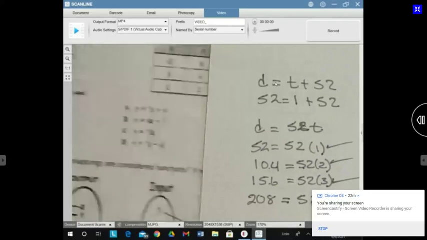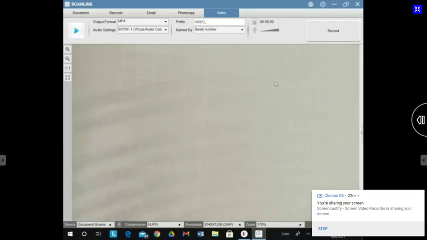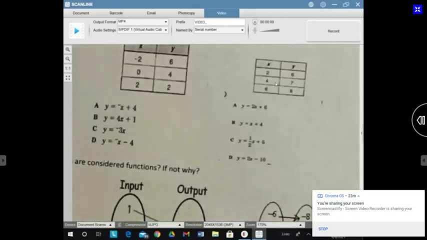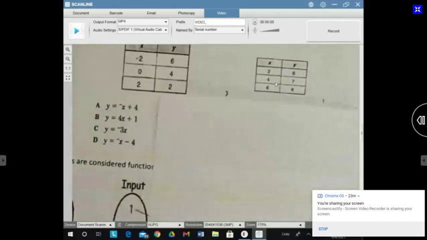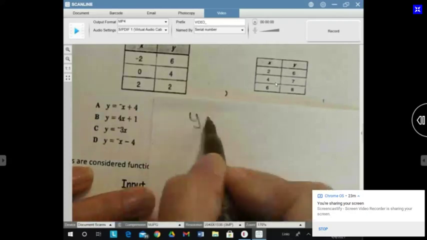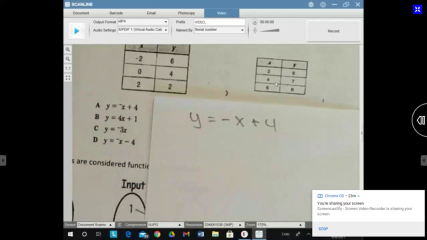All right, what should I write first for A? What's my first coordinate? Y equals negative x plus 4. What's the first coordinate I want to plug in? Okay, so my y is 6.